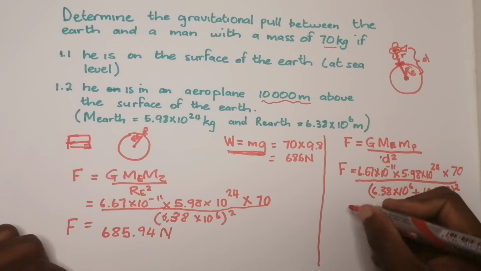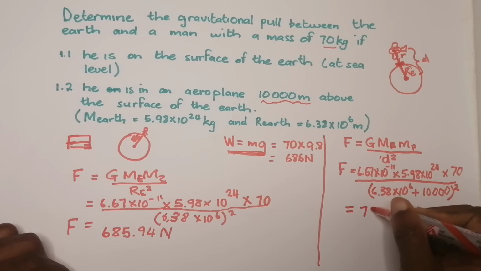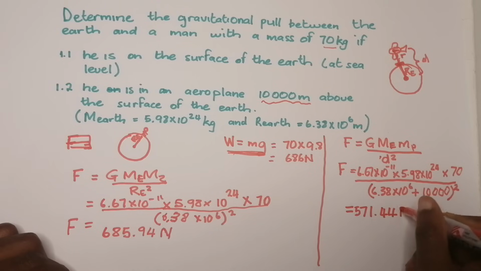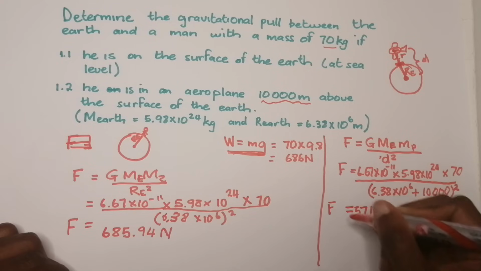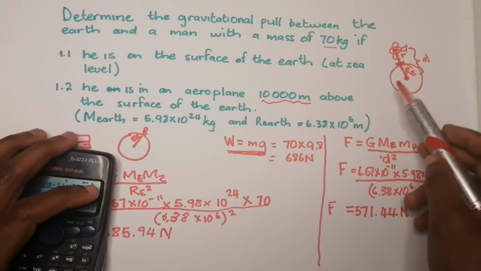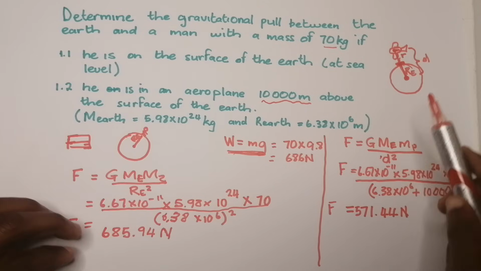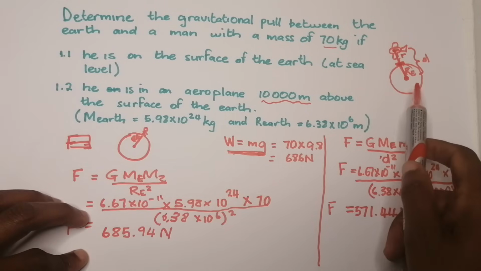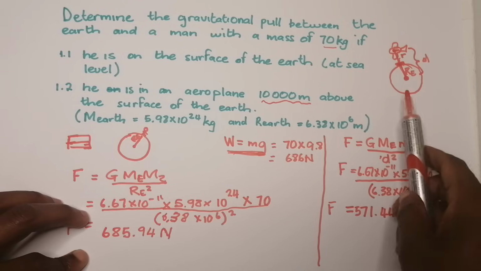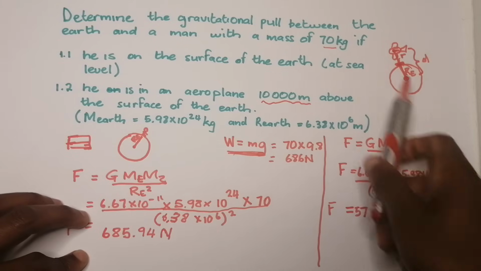I quickly get a value there of 571.44 newtons. And it makes sense. Now think about it. The further away I go from the object, remember Newton's law stated that the force of attraction would be inversely proportional to the square of the distance apart.